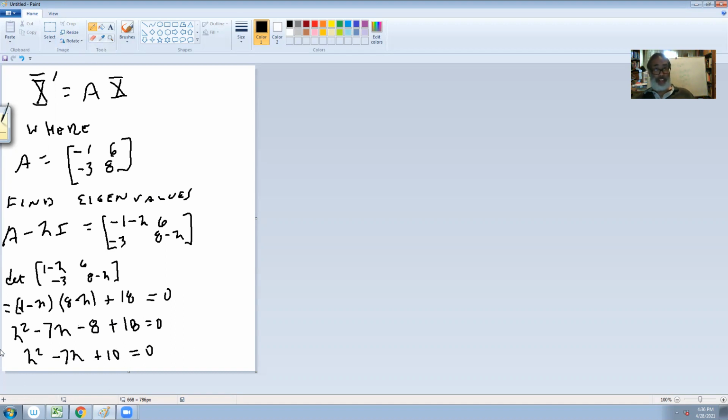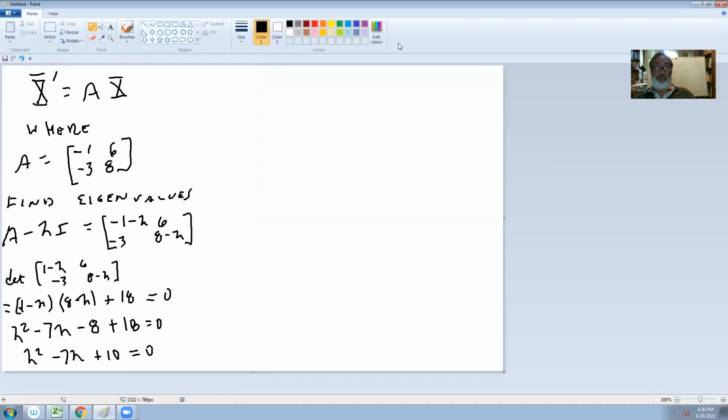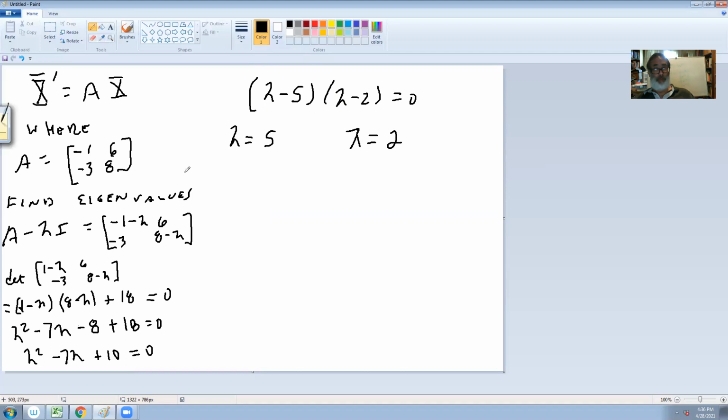This clearly factors. So this factors as (lambda minus 5)(lambda minus 2). So the eigenvalues are lambda equals 5 and lambda equals 2.